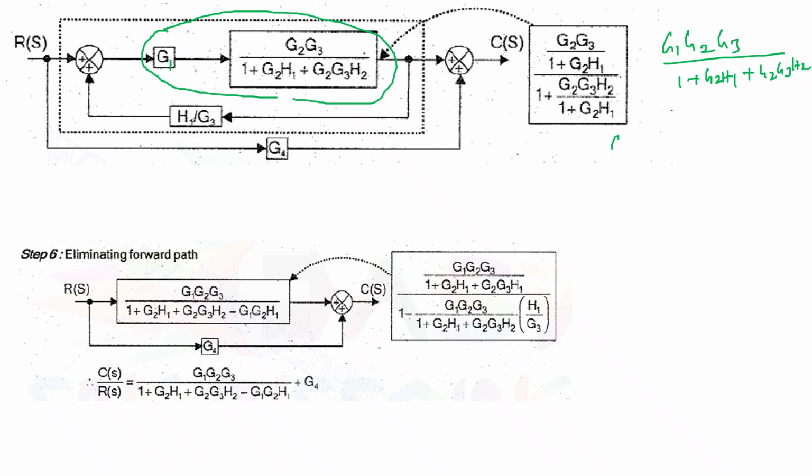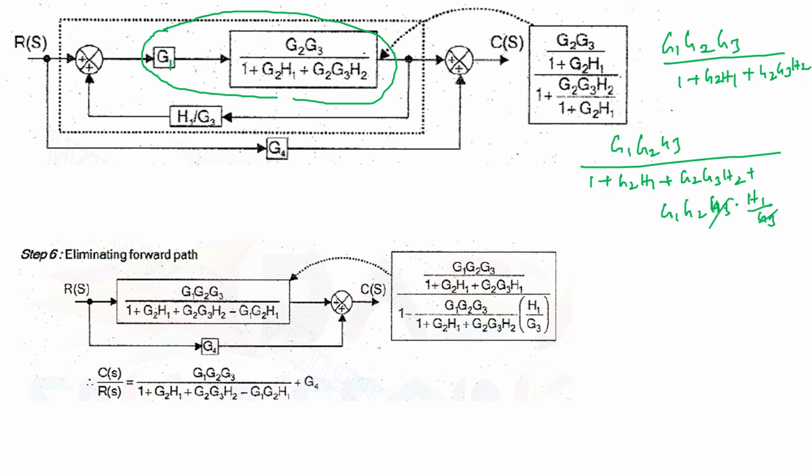So I will have a transfer function G1 G2 G3 divided by 1 plus G2 H1 plus G2 G3 H2 plus the forward path again G1 G2 G3 into H1 by G3.